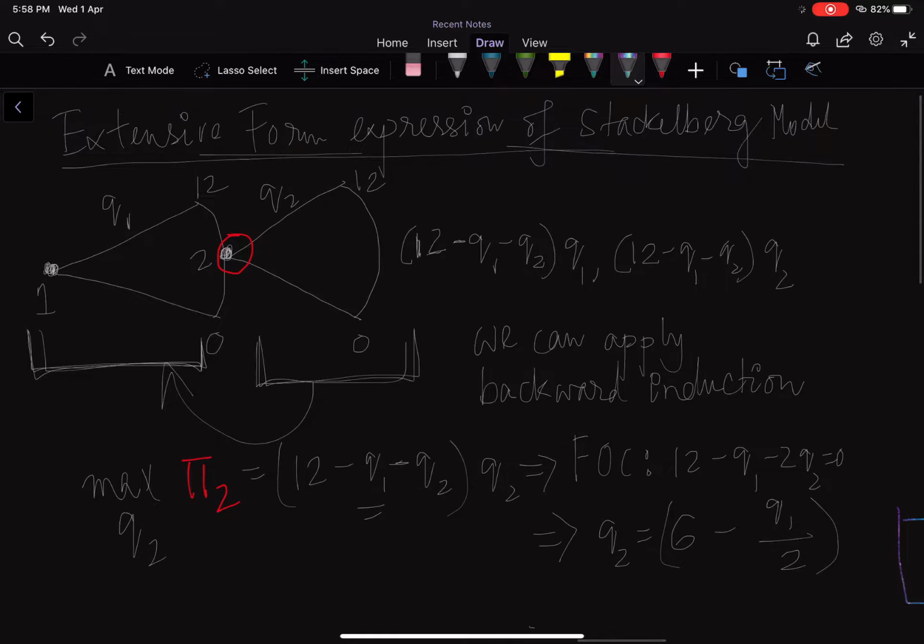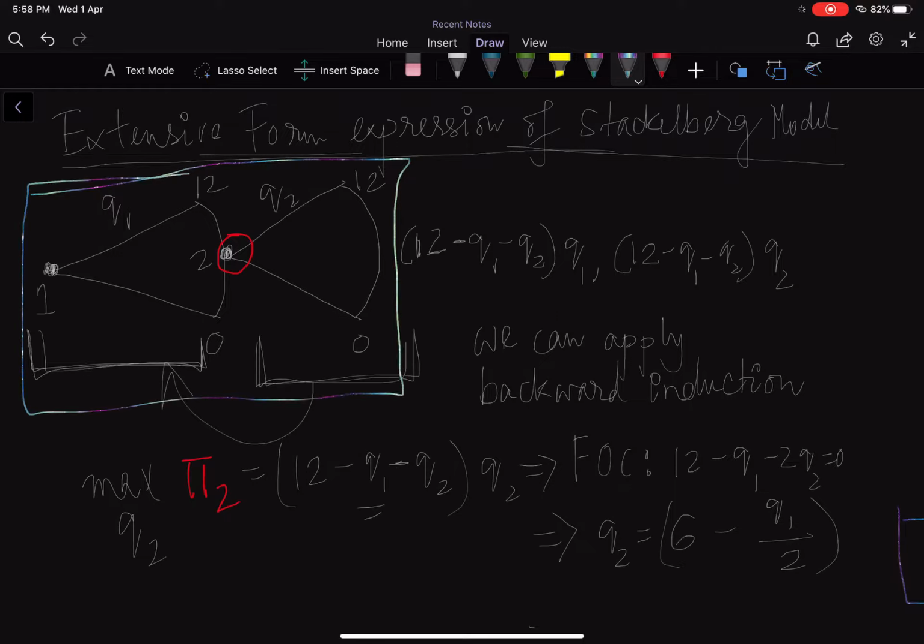This is the extensive form expression that would help you form your ideas about how to think about this kind of games. In the next video I'll talk more about this kind of games.